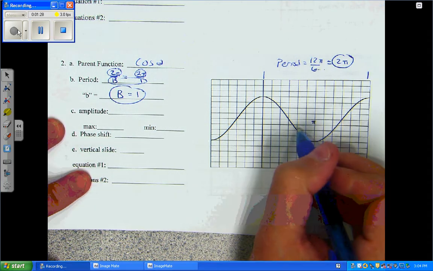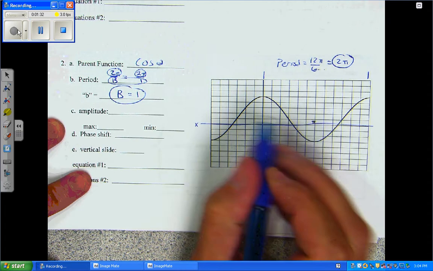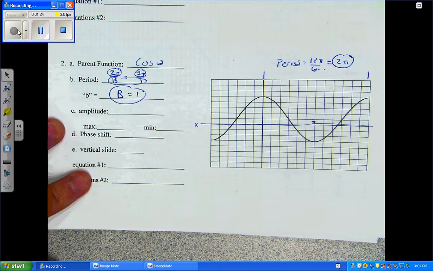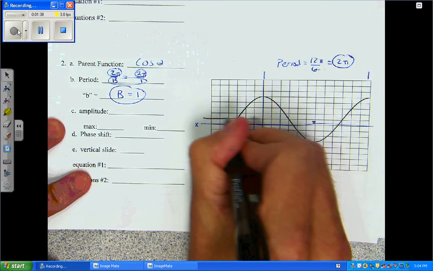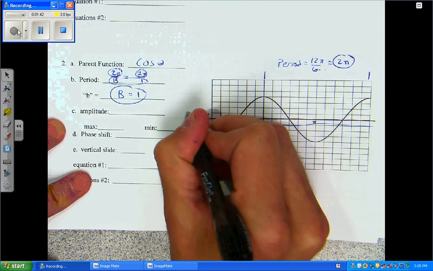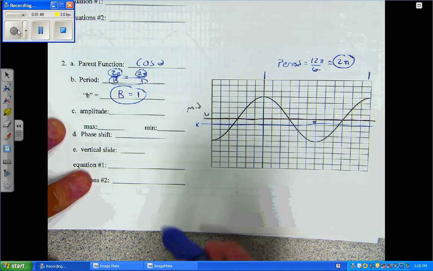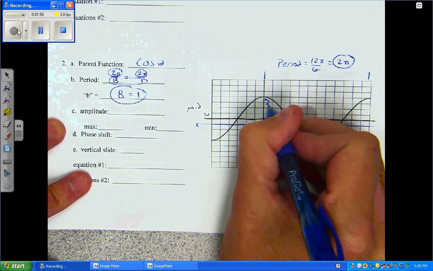The amplitude, we need our midline. So if I take a look here, it kind of looks like my x-axis might be right over here. So my midline, I'll do that in black, looks like it might be here in the middle, right there. So that's our midline. To get the amplitude, that's just the distance basically from the peak to your midline.